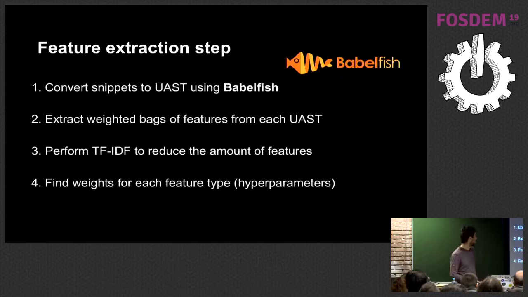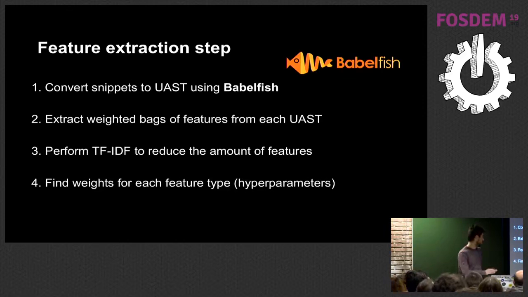So at the end of the day, the feature extraction revolves around this: first converting all files to UASTs, then extracting the weighted bag of features of each UAST, applying TF-IDF in order to reduce the number of features. As you can see, there's a fourth step. This is actually a step that allows us to look more into biased versions of our algorithm.